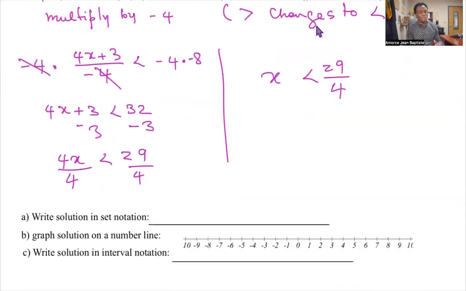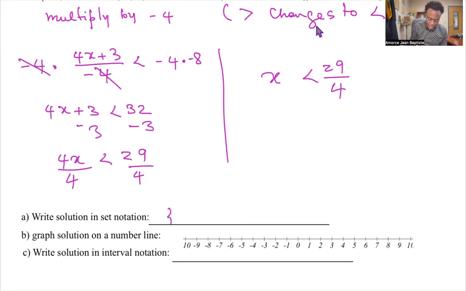So they ask me to give my solution in all formats. First, in set notation.